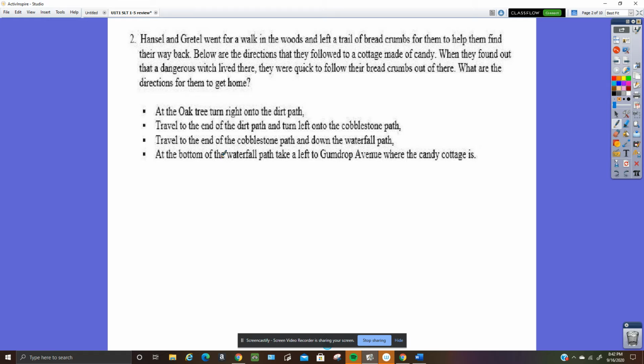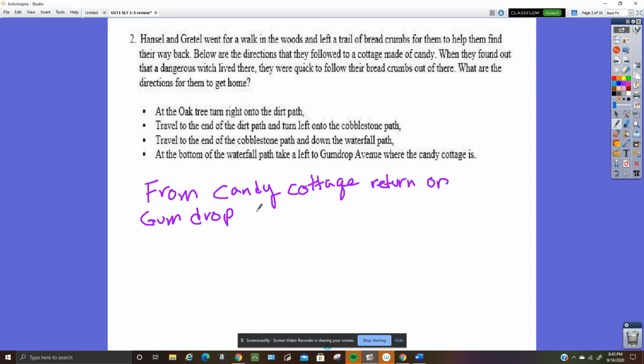So from Candy Cottage, return on Gumdrop Avenue.